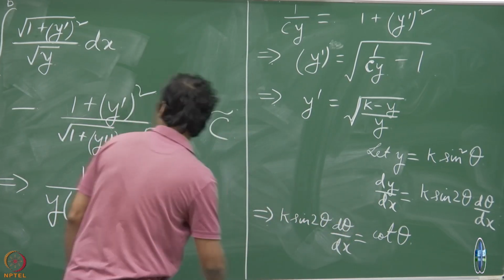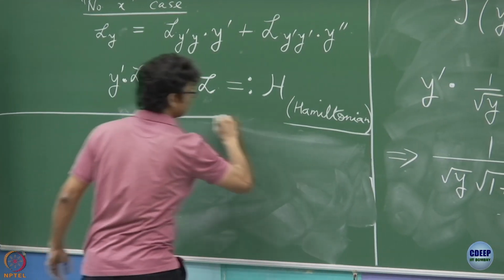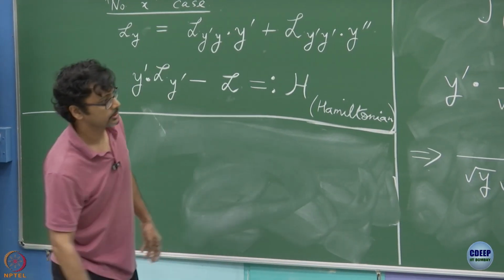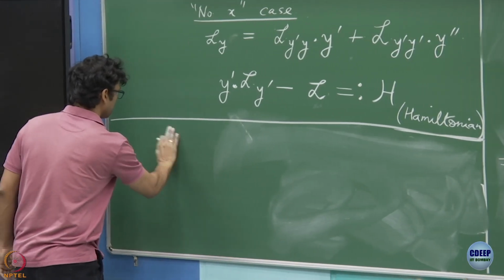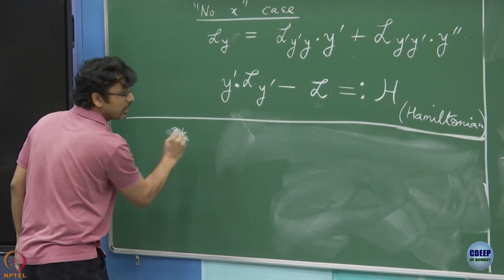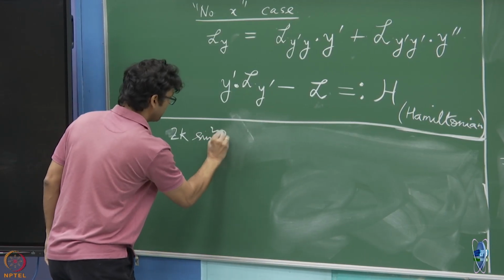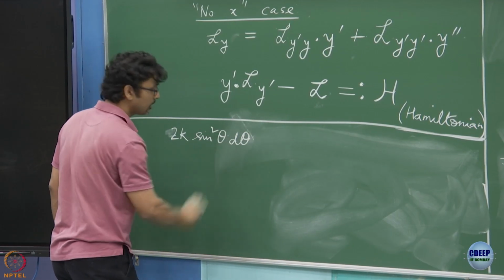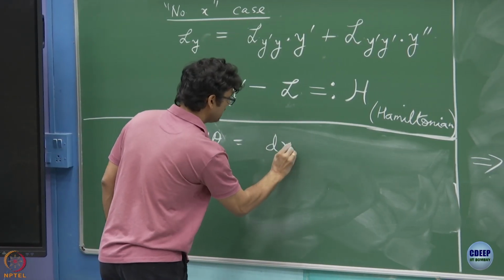Yeah, I hope again the calculations are not off. I'll just carve out a little space here and hope to finish the calculation here. Yeah, so you can just write 2k sine squared theta d theta is equal to dx.